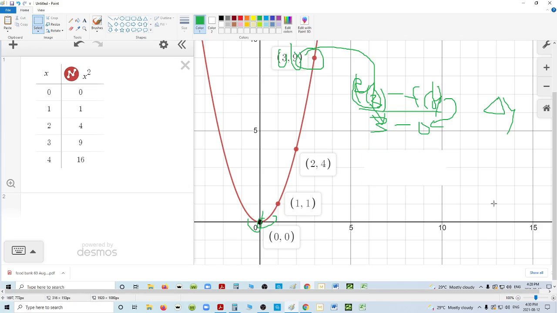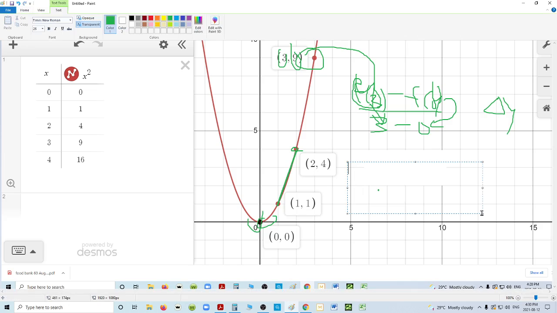Okay, now it doesn't matter what dot I take it in. Suppose I take it between these dots, 2, 4, and 0, 0, and I draw a straight line between those. Actually, let's take it between this dot and this dot, and we're going to do it in function format. So the x value of this is x2 is 2. So it's x2 minus x1.